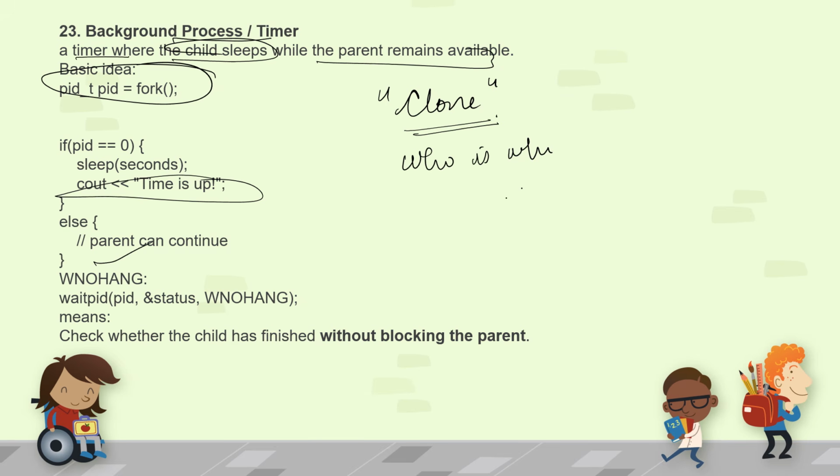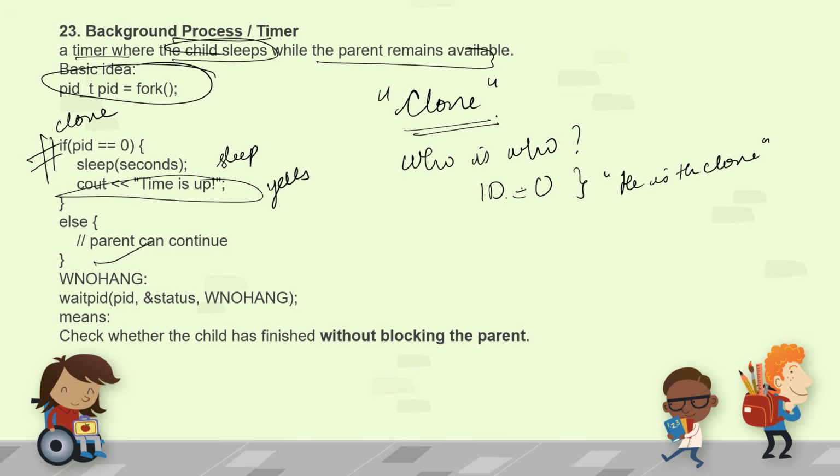So for that, you check if the ID is 0, that means he is the clone, right? The clone follows the if branch. This is for the clone. It sleeps and yells, the time is up, when he wakes up.